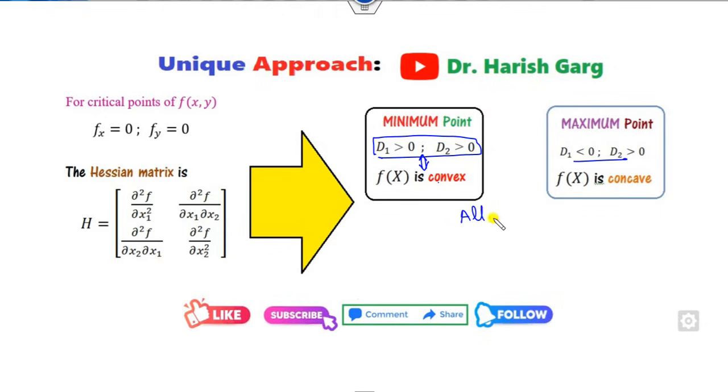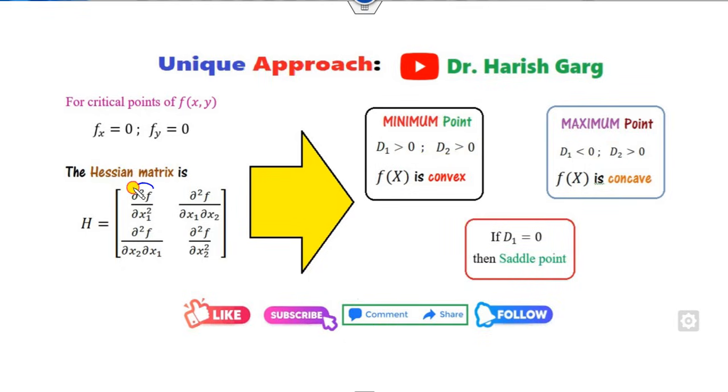All the other cases which do not satisfy this property are called saddle points. The first one is, if the first value is 0, then you can say it is a saddle point. If d1 is greater than 0 and d2 is less than 0, is it satisfied? No. So again this is my saddle point.